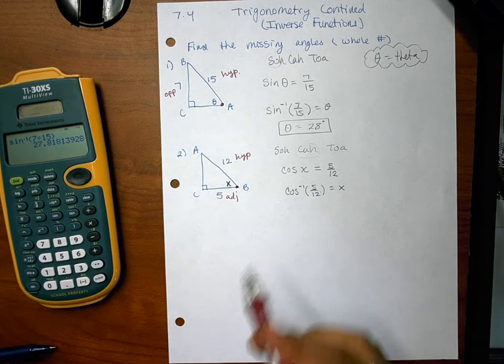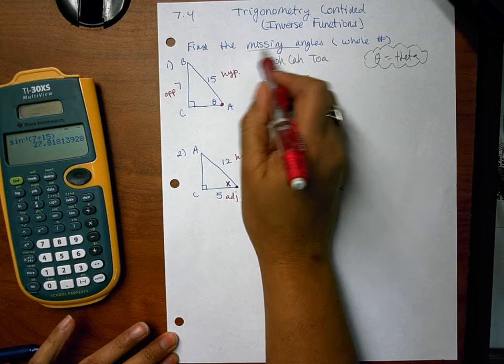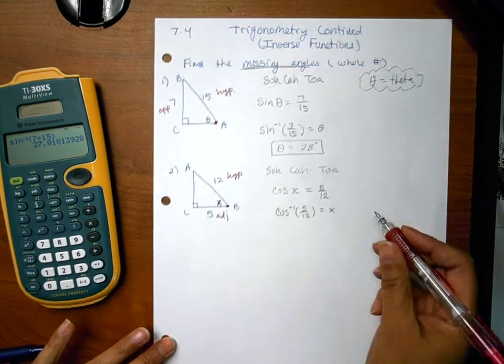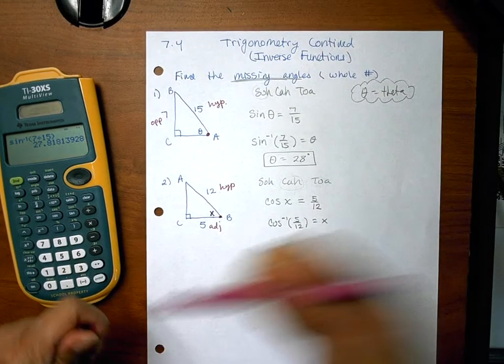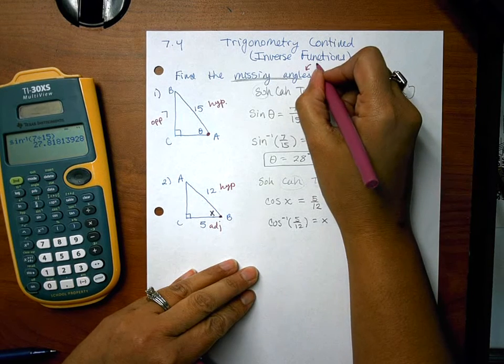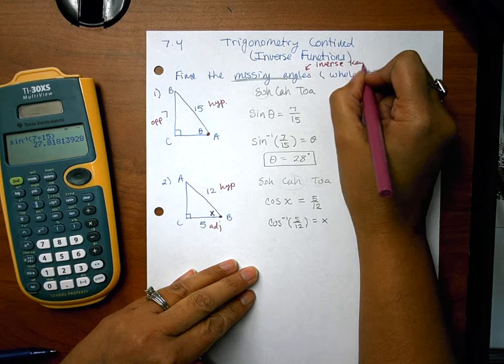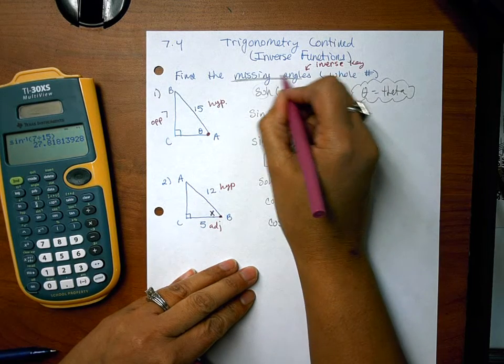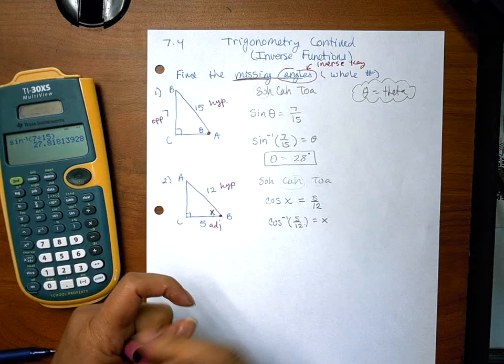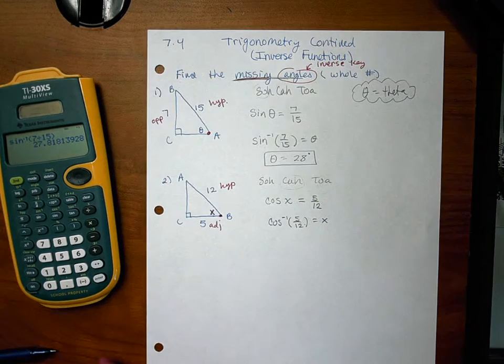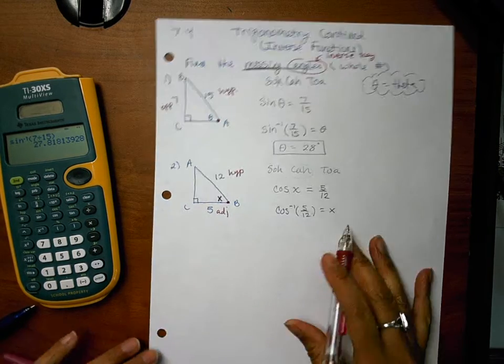So really quick side note, whenever you're looking for a missing angle, you're going to use the inverse key. Not a missing side, just a missing angle. All right, let's plug it in.